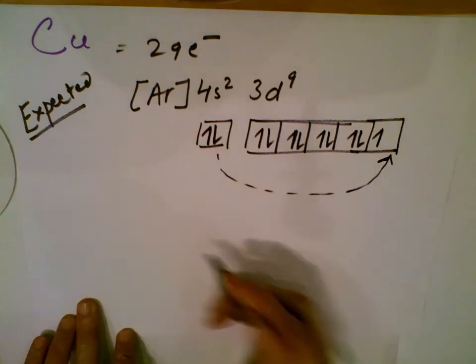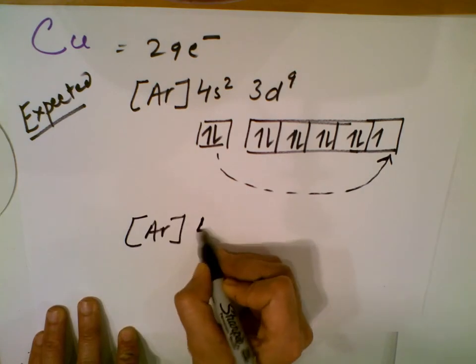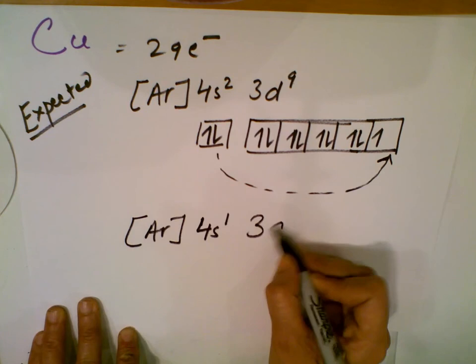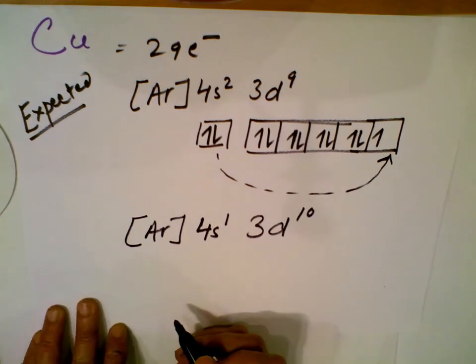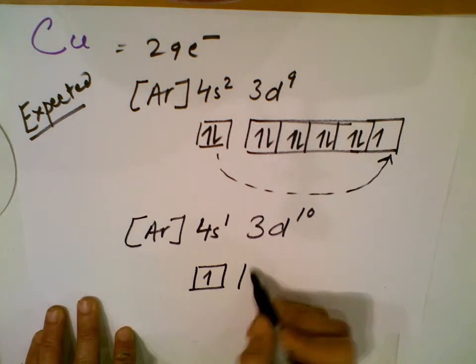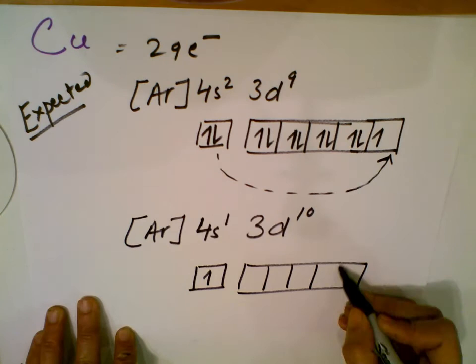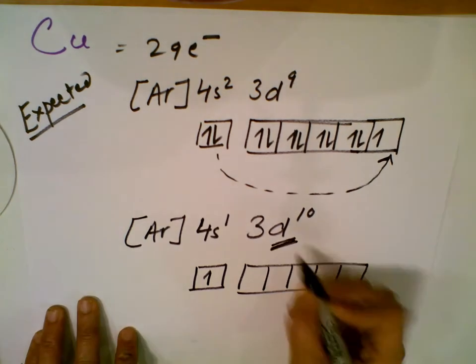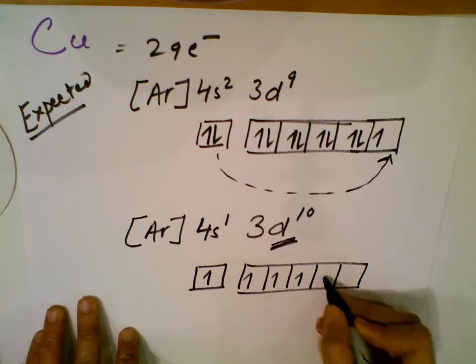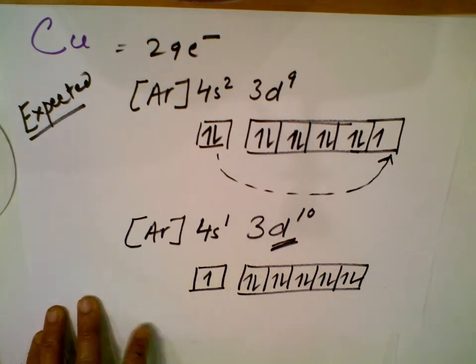Now as a result, what happens? You have Ar, you have 4s1, and you have 3d10. Now what happened is, this d orbital now becomes completely filled. 1, 2, 3, 4, 5, 6, 7, 8, 9, 10.